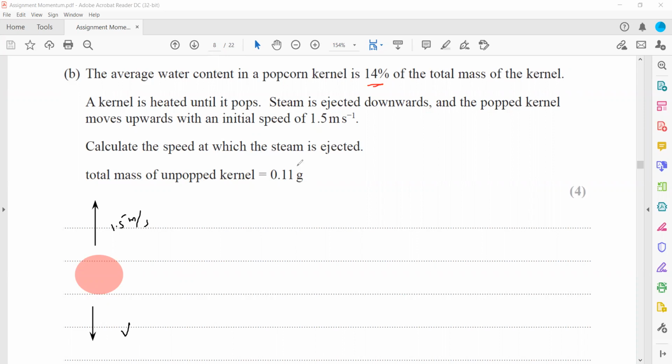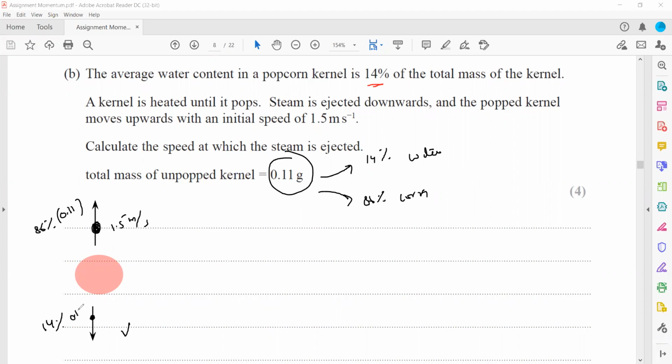Now, the total mass is 0.11 gram, and 14% of this mass is water, and 86% is the corn. So the mass which moves upward is 86% of 0.11, and the mass of the water moving downward is 14% of 0.11.